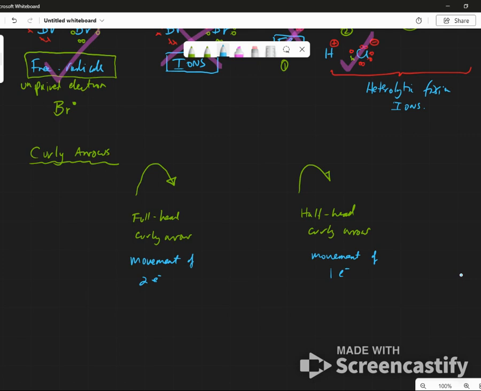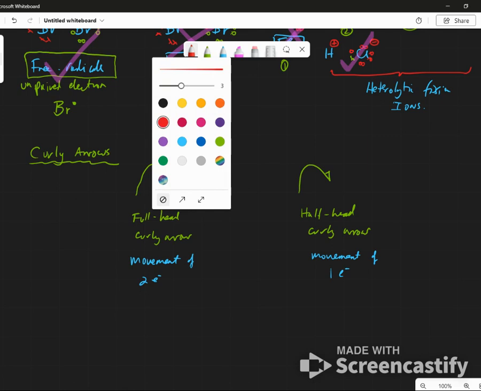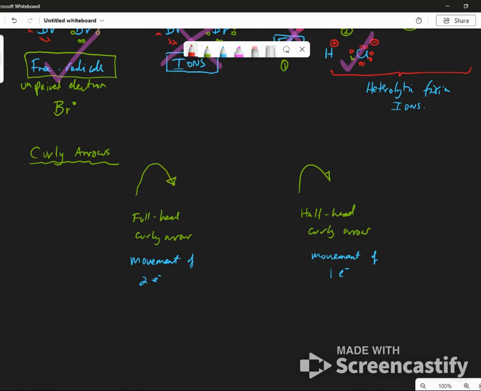You won't know how we're going to use these at the moment, but I promise you, if it's a movement of 2 electrons, it means the bonding electrons go to one atom or the other. And if it's a movement of 2 electrons, we're going to end up with ions formed. So you're going to get ions formed when you have a full head curly arrow.